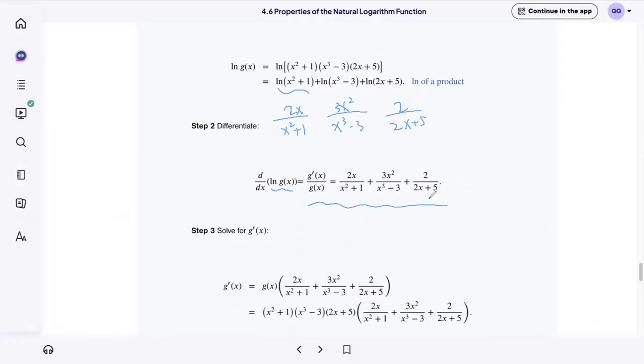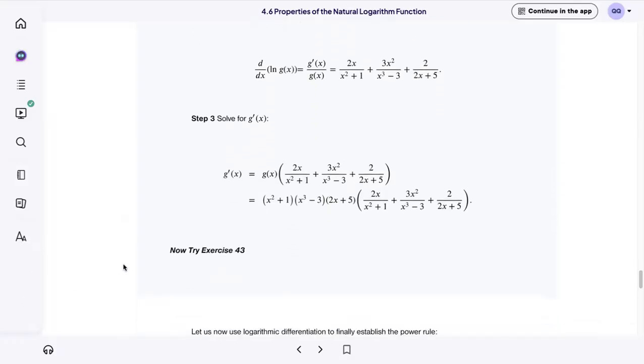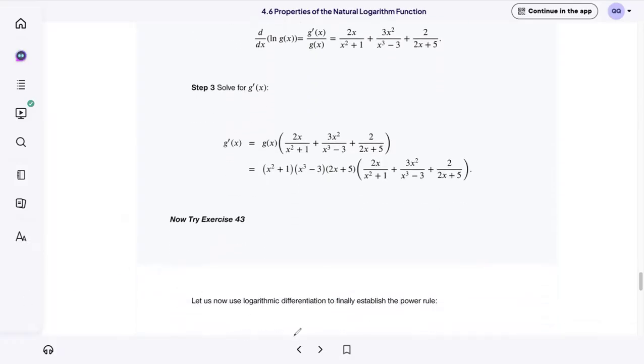So we have this. Then what is g prime? g prime just equals both sides multiplied by g, and g is this. Then we can simplify. So this becomes 2x, because for the first one this was cancelled, times x cubed minus 3 times 2x plus 5.